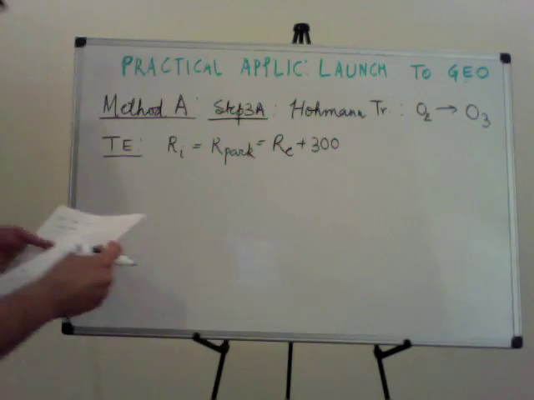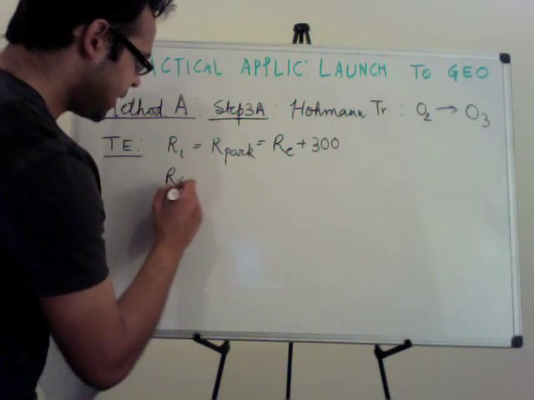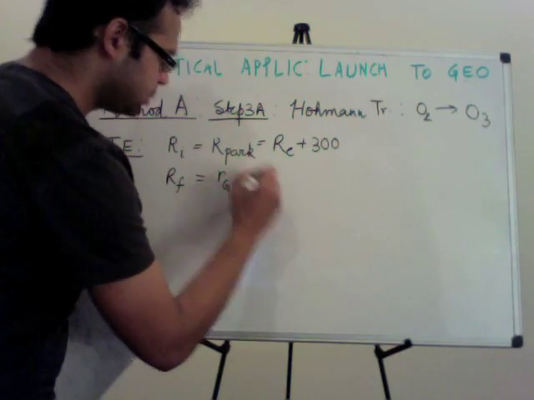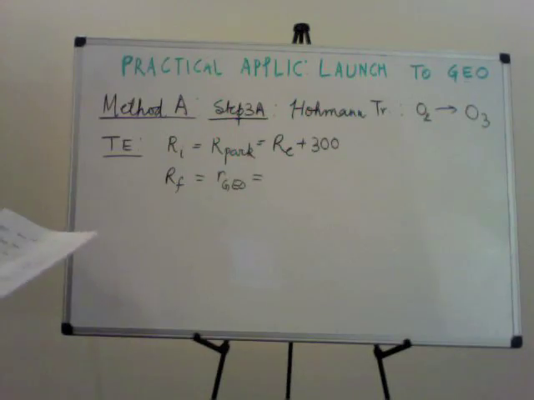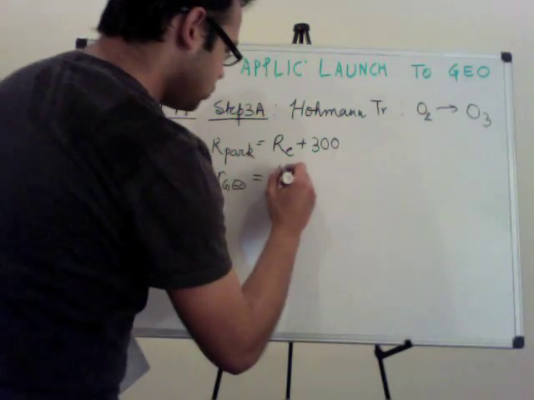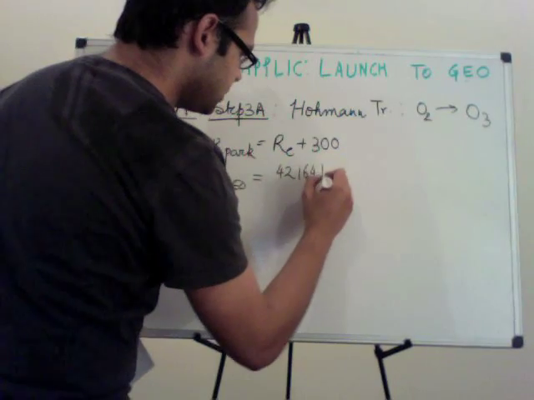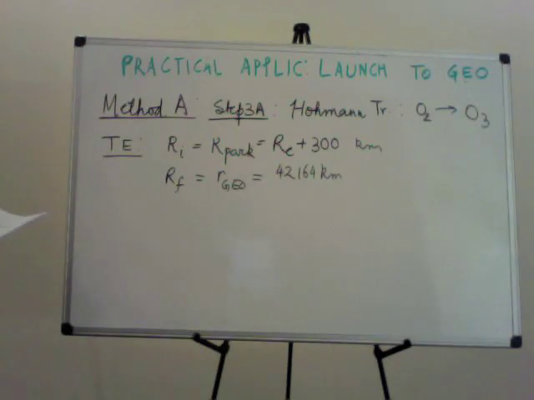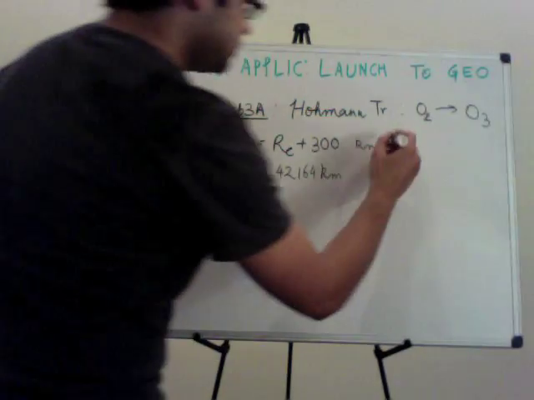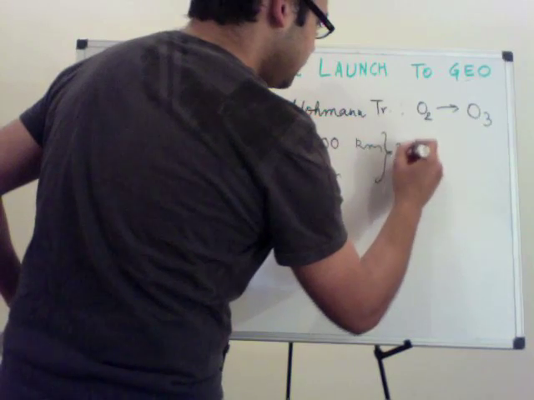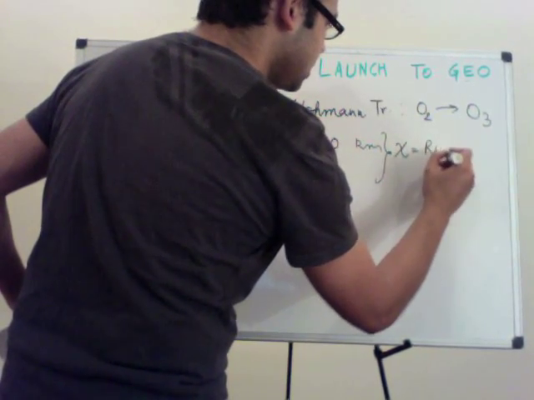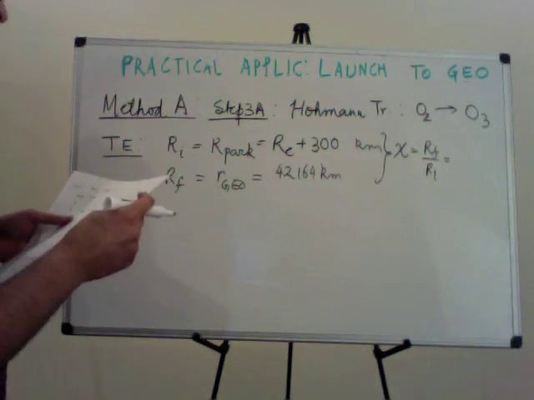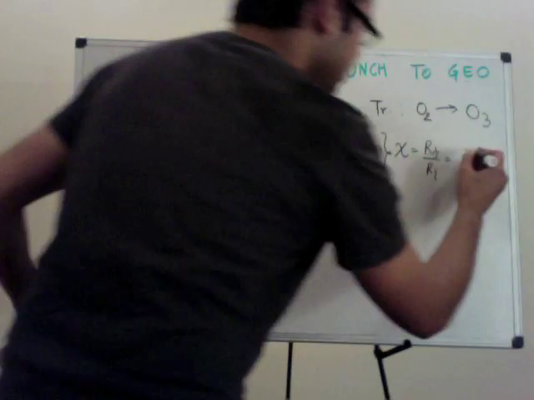And Rf, the final radius, is R_GEO, that's where we want to go, and this is 42164 kilometers. And so from here, the first parameter that we need for the Hohmann transfer is chi, Rf over Ri. This ratio is 6.3143.